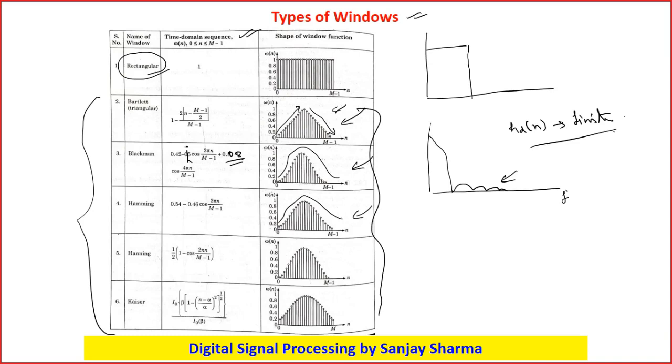Is there any reason why we use one type of window and the other type? Which one gives the most accurate result? It depends on your application, what you want to design. At the start of the course, I told you signal processing is a subject where everything is subjective in nature.